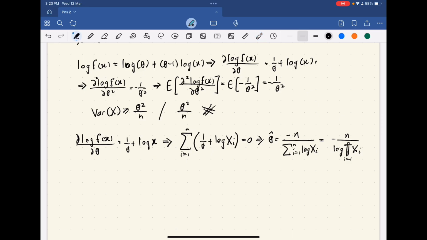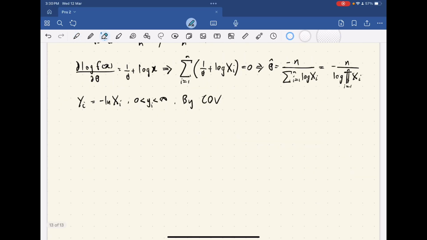Okay, so if we take y_i equals negative ln x_i, and this y_i is greater than 0.